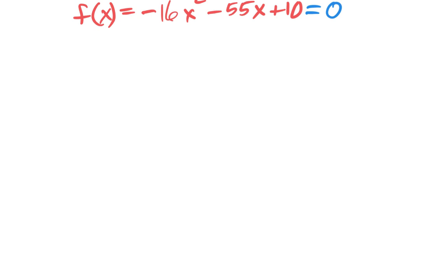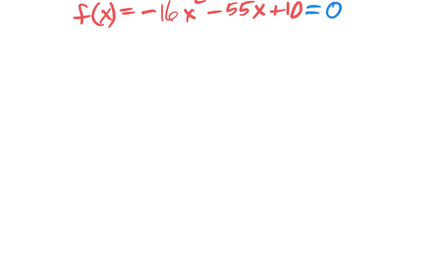Go out and put negative 16x squared minus 15x plus 10. You can set that equal to y, and then go out and look for the point where this is 0. Look at where your x intercepts are, or if you're on Desmos, you can go and do the same thing.